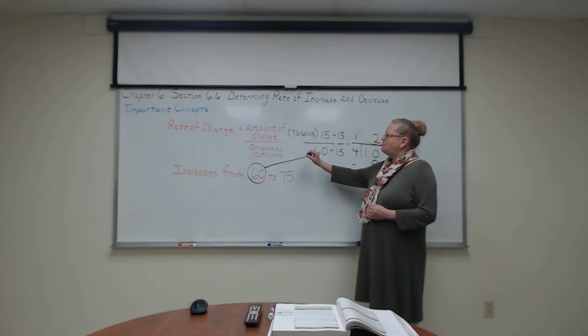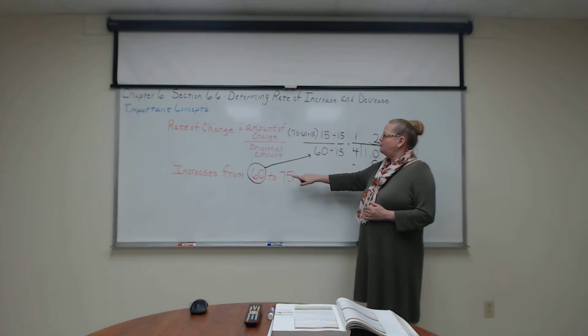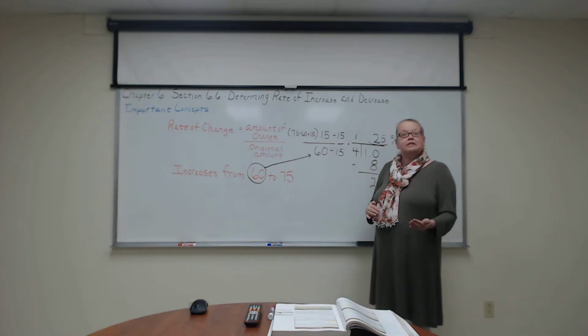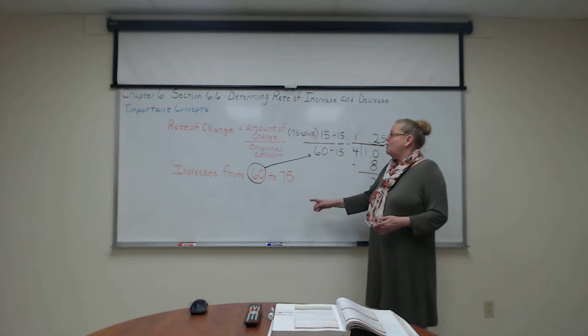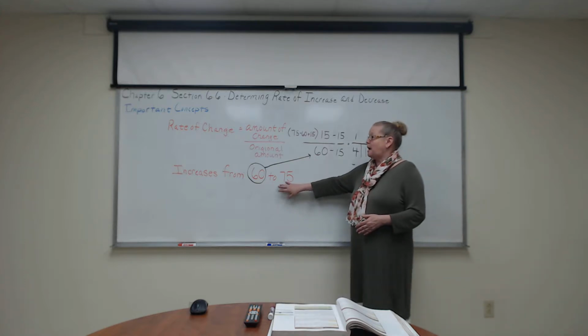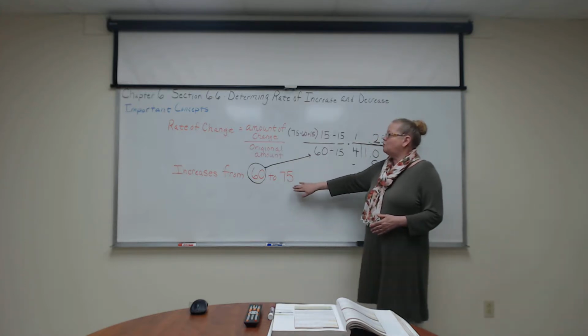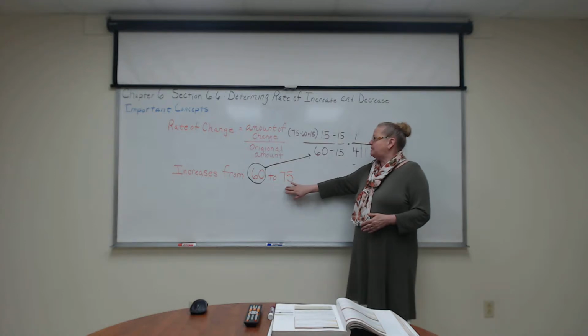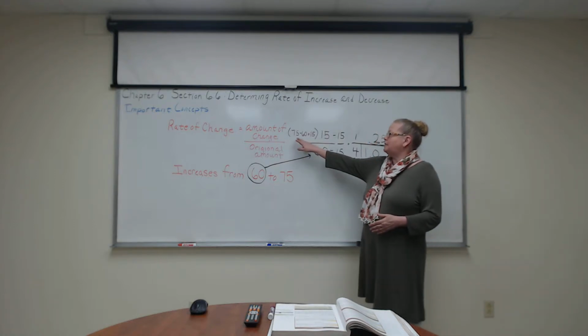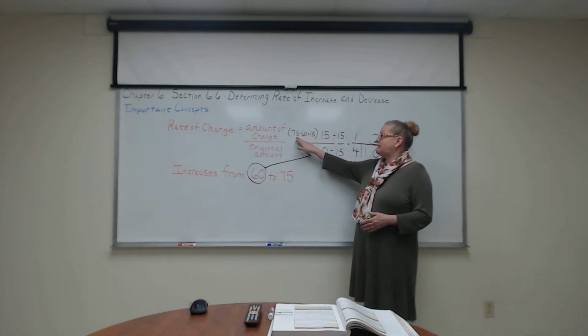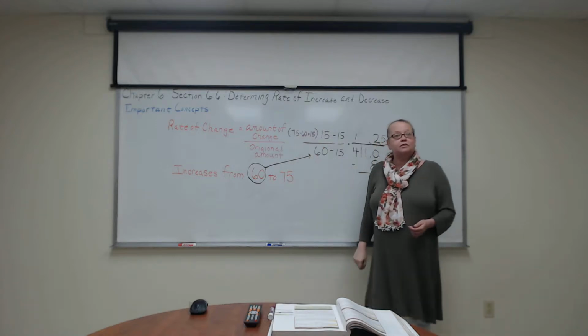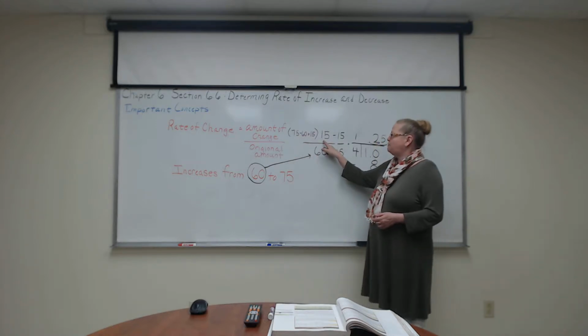So the first thing we figure out to find that rate of change is we have to subtract the difference. And it doesn't matter if it's a decrease or an increase, we're subtracting those amounts. So in this problem, we're increasing from 60 to 75. We're going to take the difference, 75 minus 60, that gives us 15. That's where the 15 is coming from.